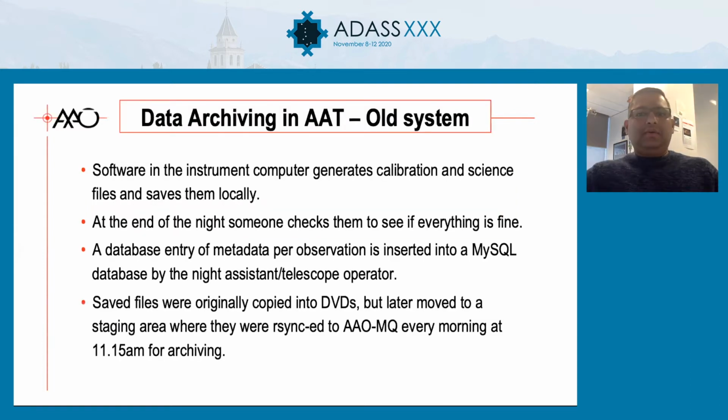Before I go into the technical details, I'd like to tell you a little bit about the old system we had and the problems we faced. In the old system, instrument software writes the data files locally into its local storage during the observational run, and at the end of the run, a night assistant would check the files to see if there are any problems, and if there are no problems, the database record will be created for each and every observation.